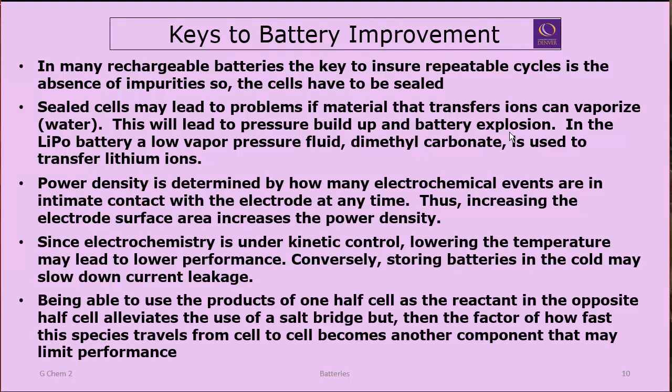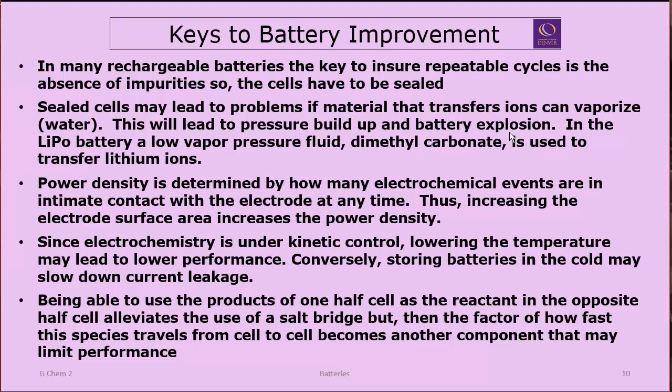Being able to use the products in one half cell as the reactants in the opposite is what alleviates the salt bridge. But then again, the factor of how fast those particular ions are transferred from one compartment to the next, from the anode over to the cathode or vice versa, is under diffusion control, which creates another kind of bottleneck as far as how fast this battery can operate and how much charge density it carries.